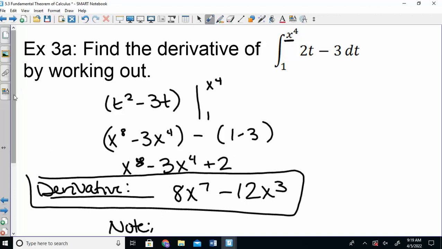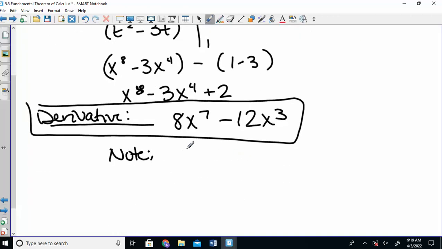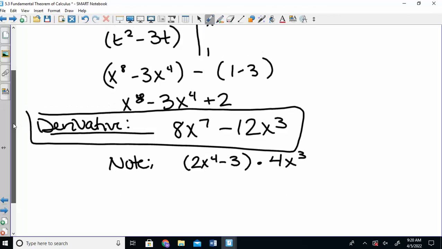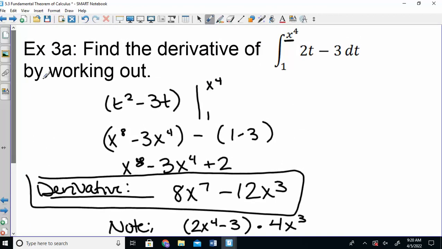So what if we just put in that x to the 4th, we would have 2x to the 4th minus 3. What else do you need to get this? I would have to take this times 2 times what gives you 8? 4. X to the 4th times what would give you x to the 7th? Where does 4x to the 3rd come from? It's the derivative of x to the 4th.